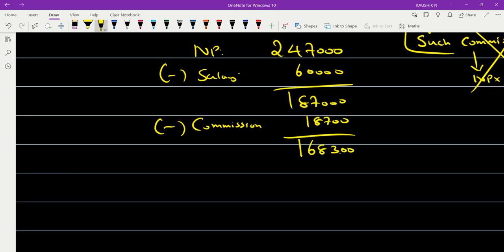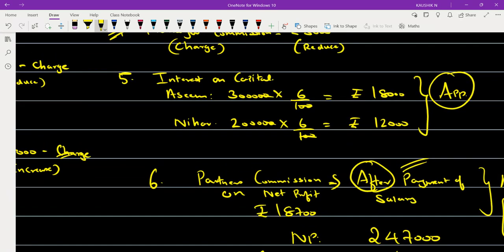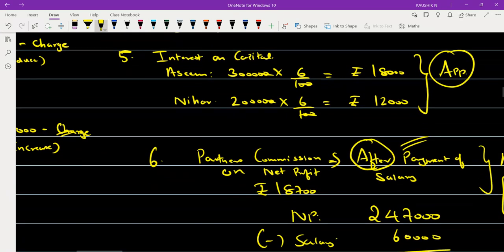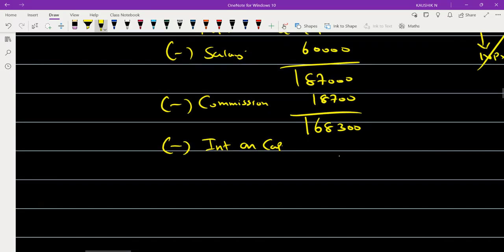Perfect. From this amount, you will be paying out interest on capital. There are two partners, so 18,000 and 12,000, altogether 30,000 rupees. Then what will be the remaining balance? Very good, 1,38,300.